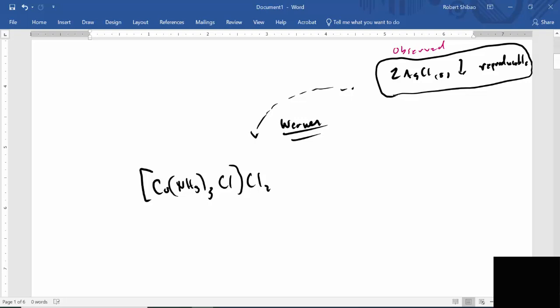Cl2. And so this is coordinately covalently bound. Usually cobalt-3 forms 6 coordinates, so I don't know why this 3. I just copied this from somewhere. These are ionically bound.